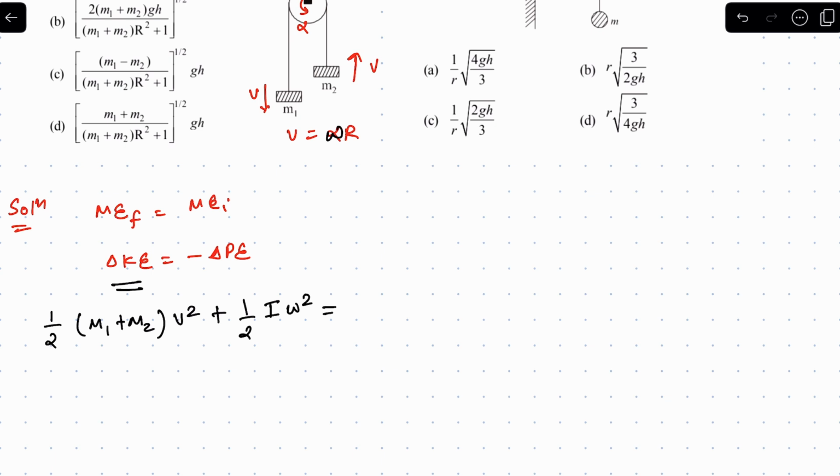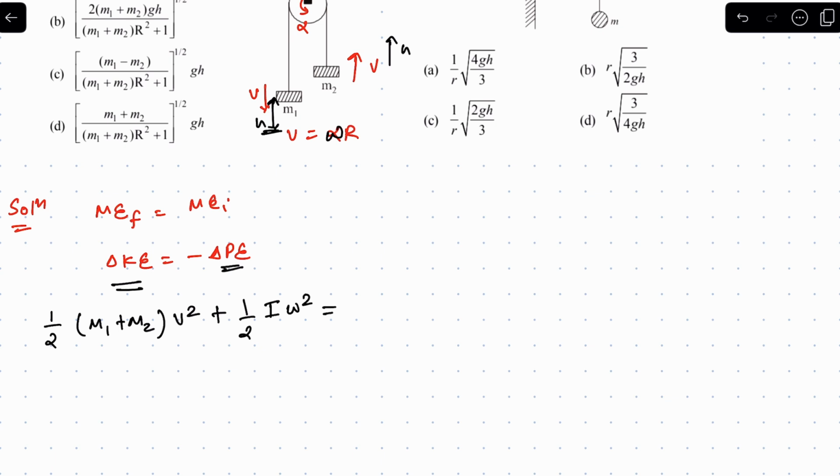The final potential energy, let's assume for both blocks, is 0, and initially there was something. One block goes down by height h and the other goes up.